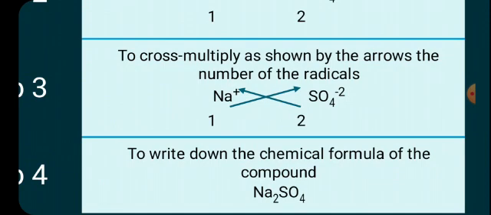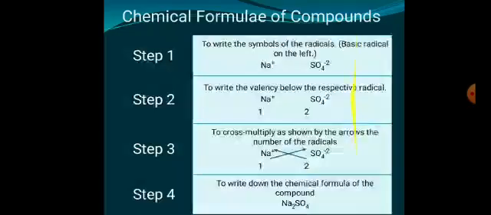So we are going to multiply sodium ion by 2. So the number 2 will come as a subscript on the right side of the Na, and sulfate ion has to be multiplied by number 1, and here number 1 is not shown as a subscript, it is understood that it is present there. So the chemical formula of sodium sulfate is Na2SO4.